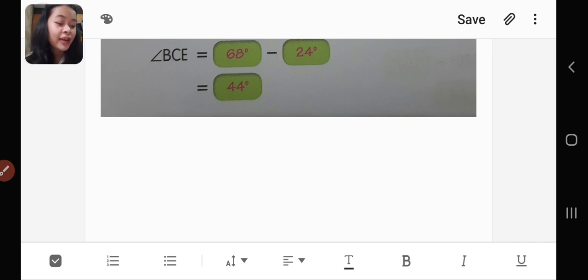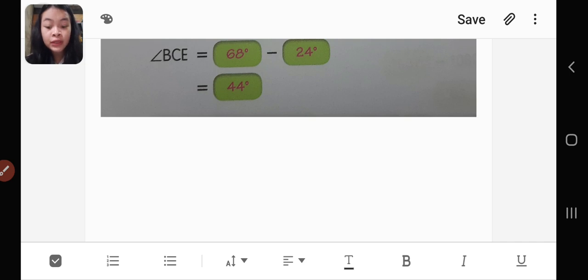Okay, deadline is for Friday, and tomorrow we're going to learn about lesson 2, finding unknown angles. So prepare yourself.